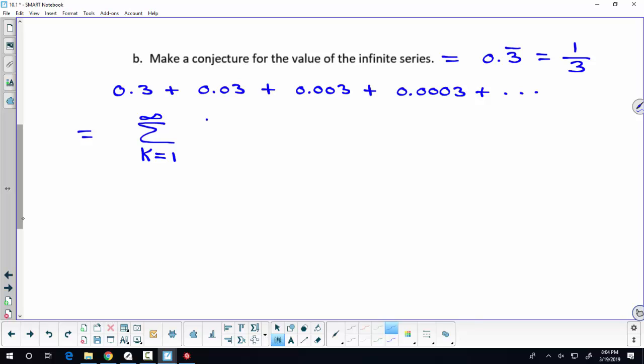Okay, so 3 over 10 to the k. What do y'all think? Should you just do 1 over 3 to the k? No, because then we would get 1/3, 1/9. So we have 3/10, 3/100, 3/1000, right? Yeah, let's write this out.